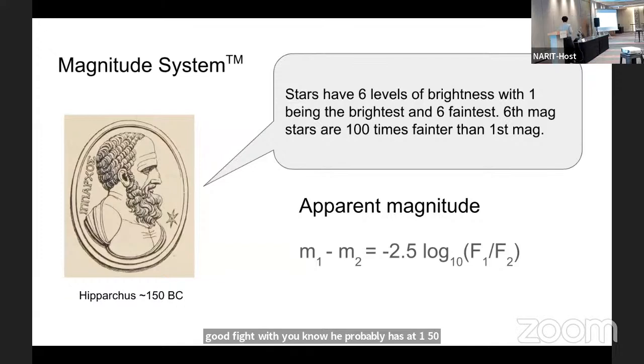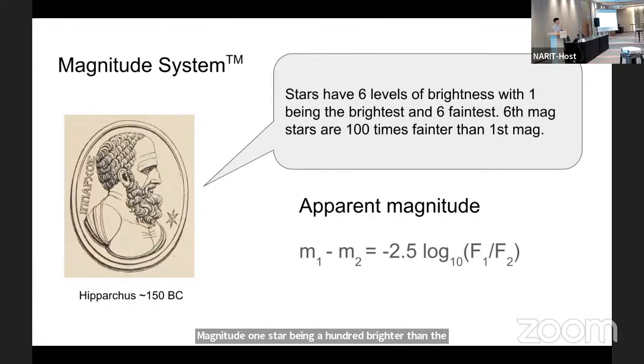So yeah, I think that's a justification that is satisfying to me. But because of this definition, you need 1 through 6 with magnitude 1 star being 100 times brighter than the 6th magnitude star.